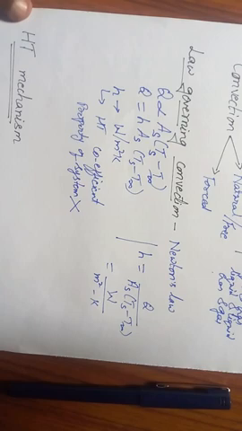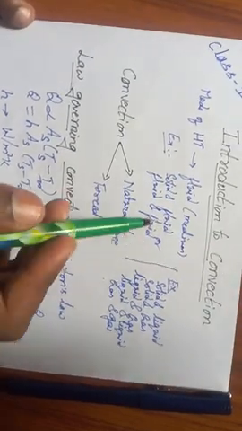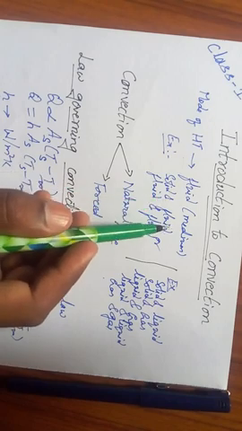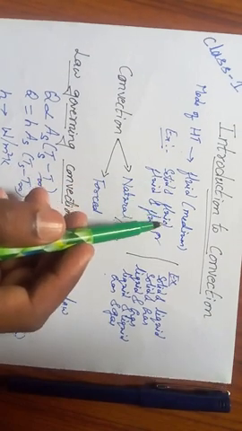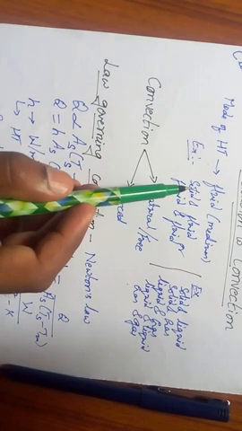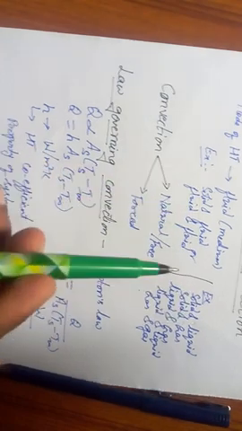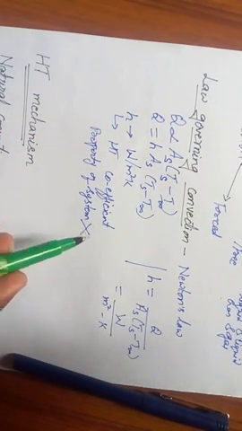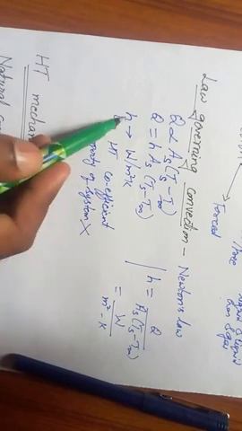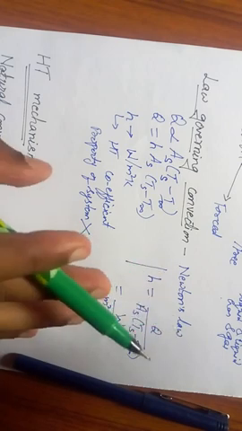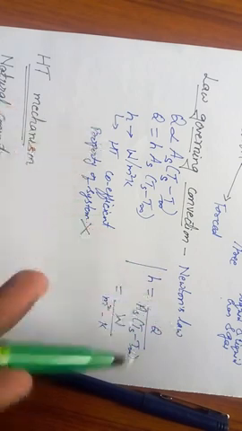For example, take the same example again: a hot metal left open in an atmosphere, where air comes in contact. This H will never speak about the properties of the air or the solid metal. So H is not a property of a system. It is a coefficient for the process. H is defined for the process, not for the system. Make a note of it. Never say that H is a property.